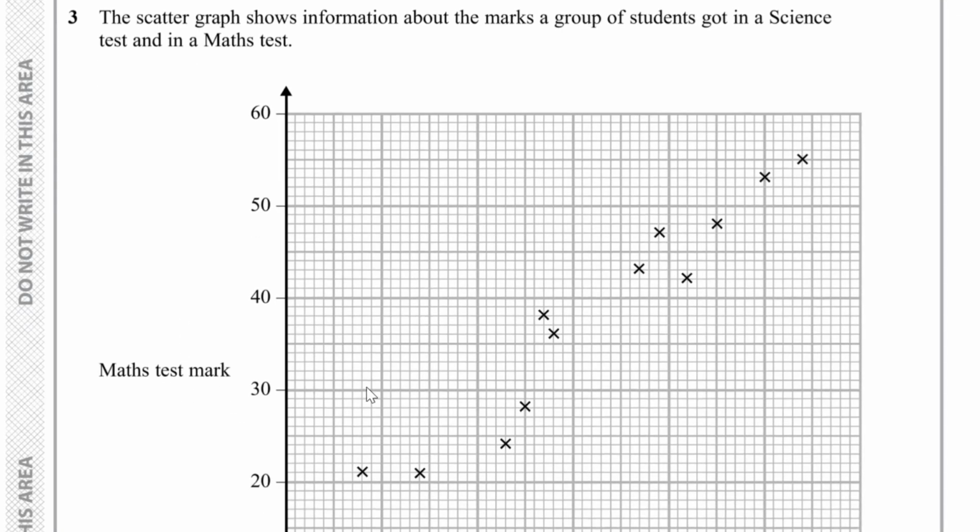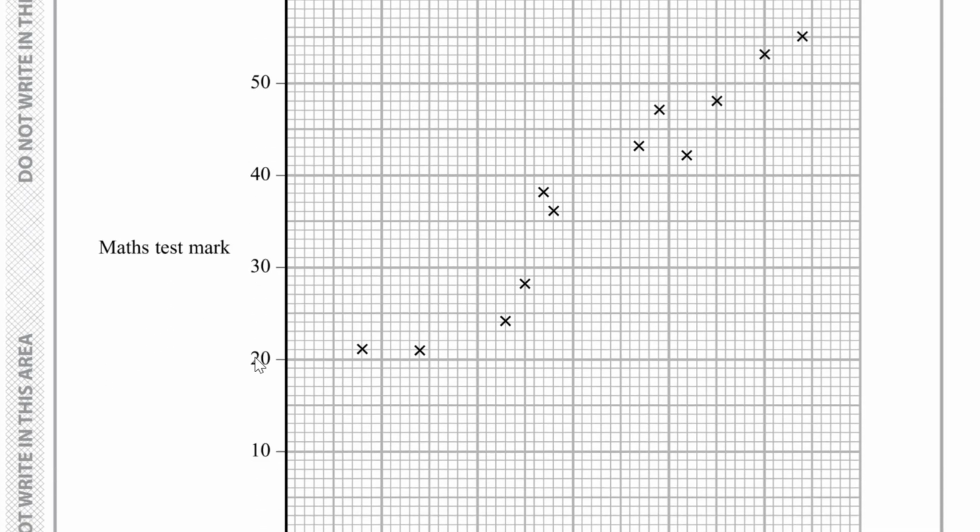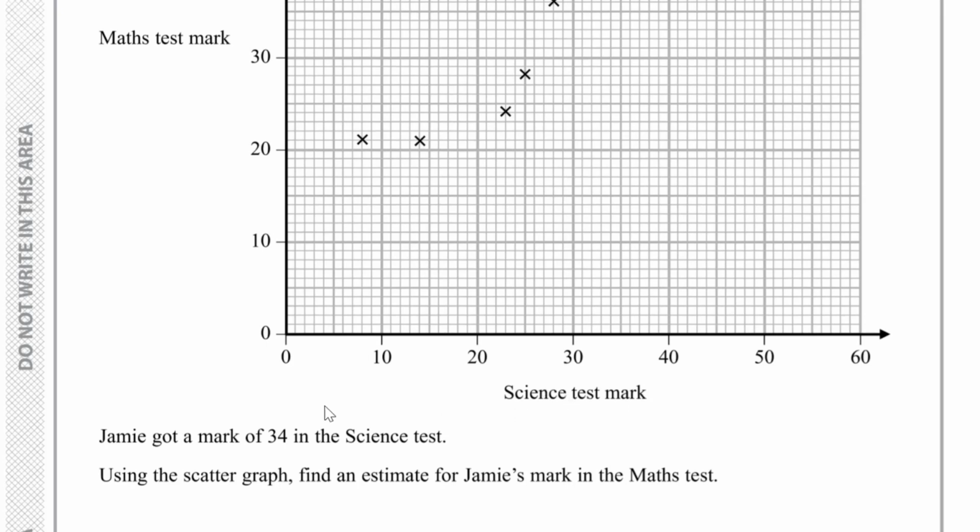Now for question number 3, a scatter graph shows information about the marks a group of students got in a science test and a maths test. So we've got the maths test mark and the science test mark, and Jamie got a mark of 34 in the science test. We have to use the scatter graph to find an estimate for Jamie's mark in the maths test.